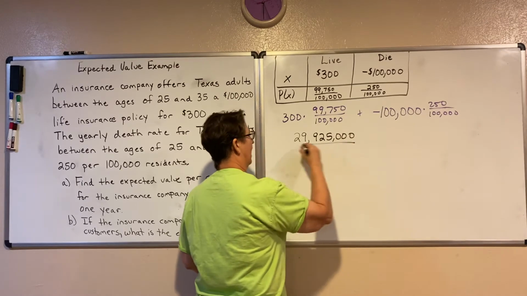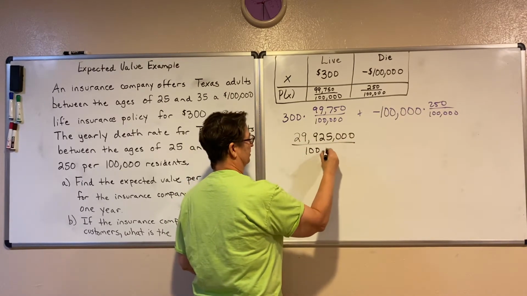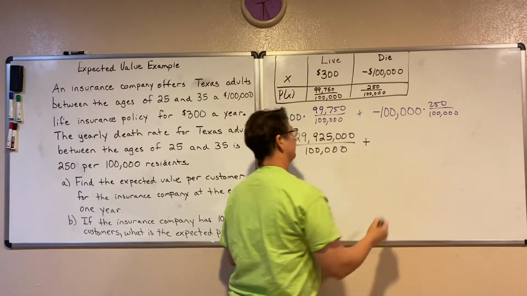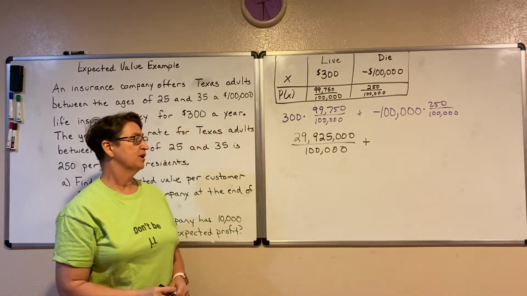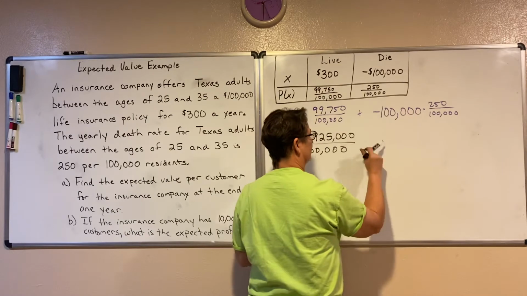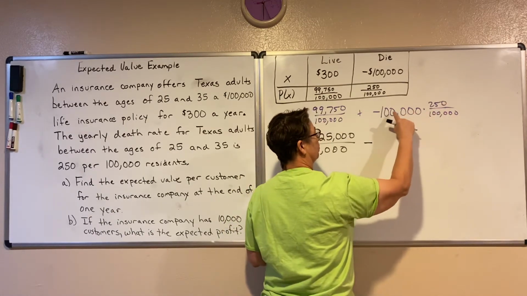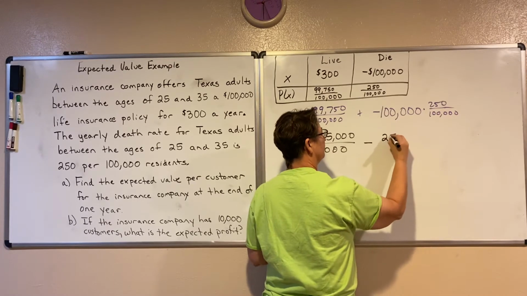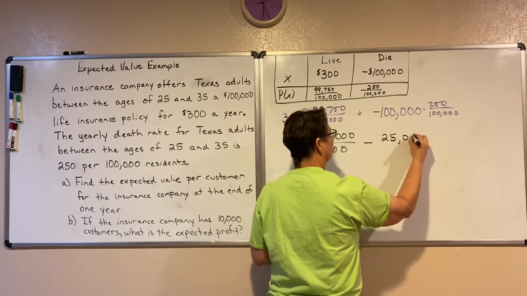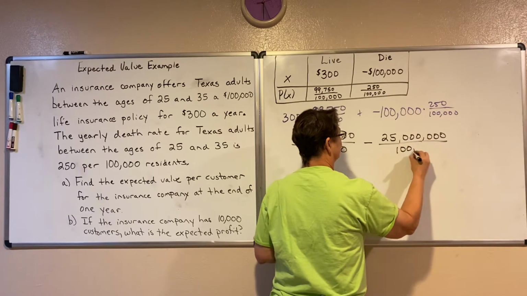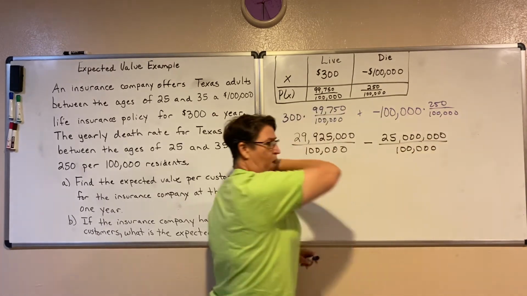So now we just do a little math. This outcome is 29,925,000 out of 100,000, that's 300 times 99,750. Here, a positive and a negative makes a negative, so let's just write the negative. Then I'm going to end up with 1, 2, 3, 4, 5, 6 zeros, so 25 million there out of 100,000.